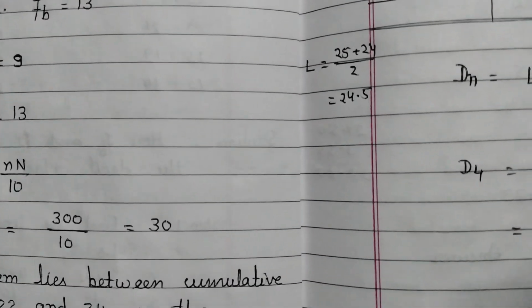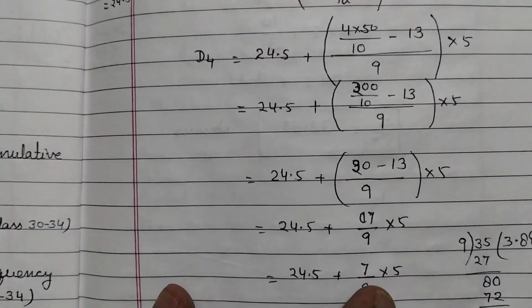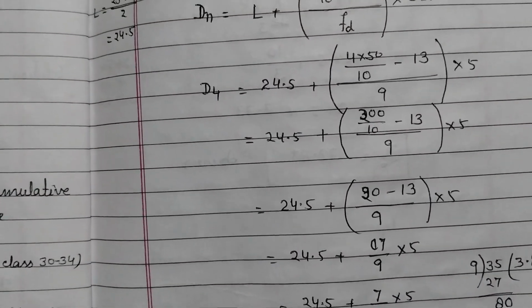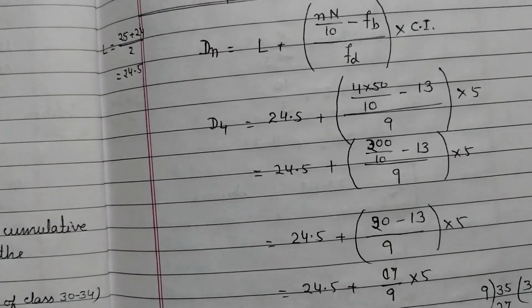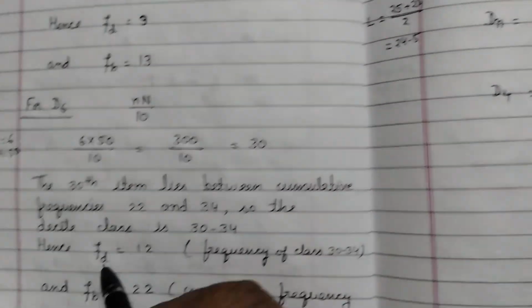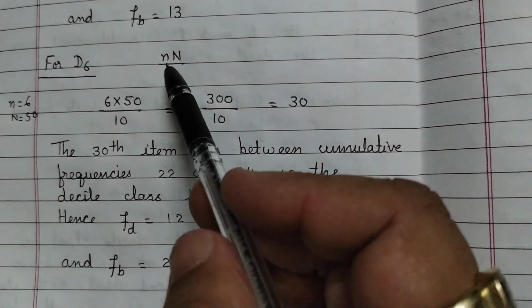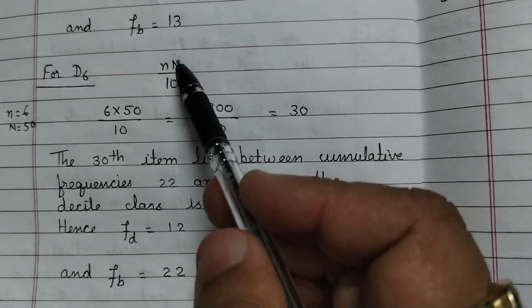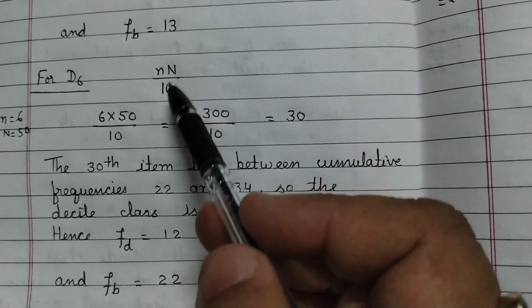Now similarly, if D2 is to be calculated, it is very simple: the class interval is to be selected, and then find out the values of FD and FB for D2. For D2 this value is 2 into 50 by 10, 2 into 50 means 100 by 10, which is 10.